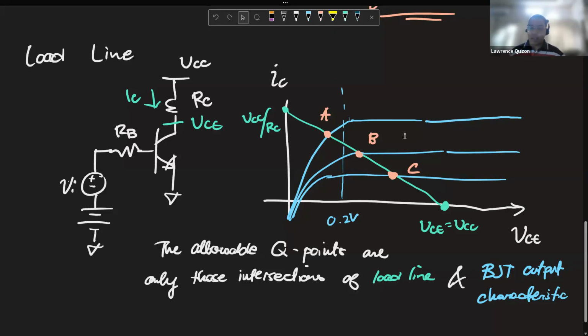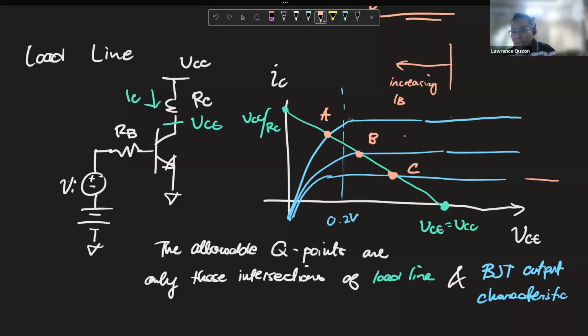Depending on our biasing. Kasi yung biasing natin, binabago niya yung V out, right? As we increase IB, we know that increasing IB reduces V out, 'di ba?